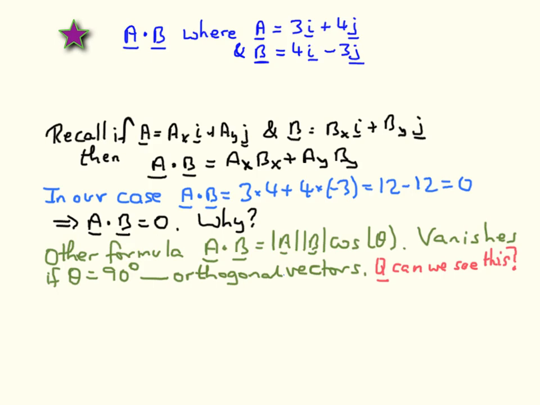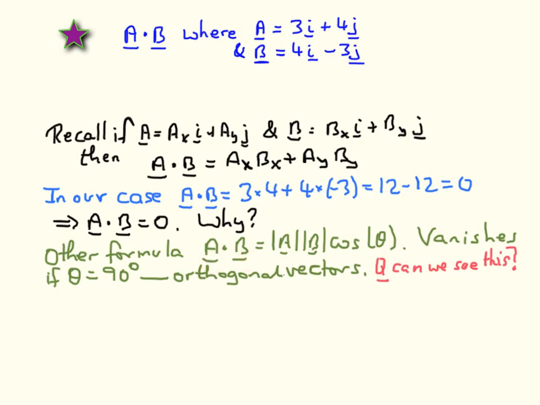And let's recall the other formula for the scalar product, which is that the scalar product of two vectors is given by the product of the magnitudes, so the magnitude of A times the magnitude of B times the cosine of the angle between the two vectors.